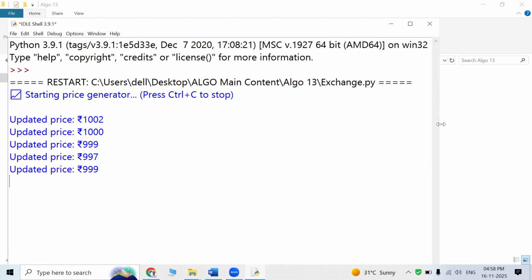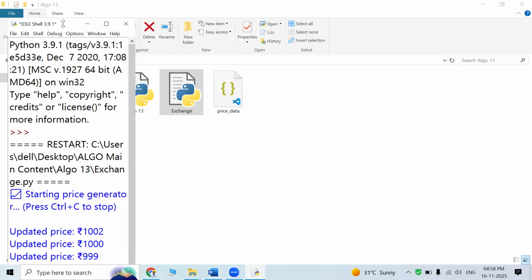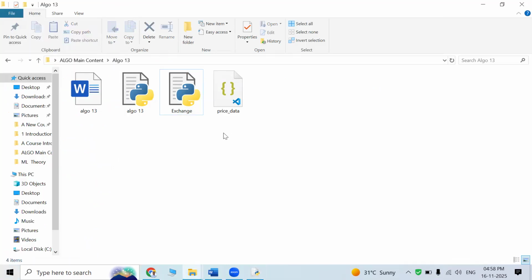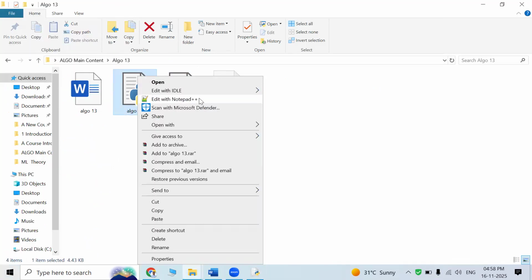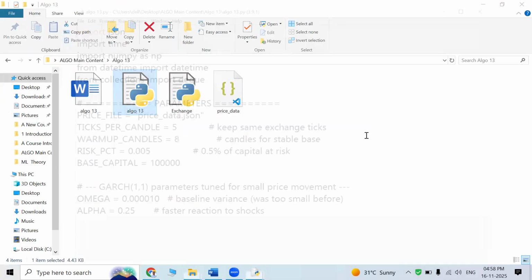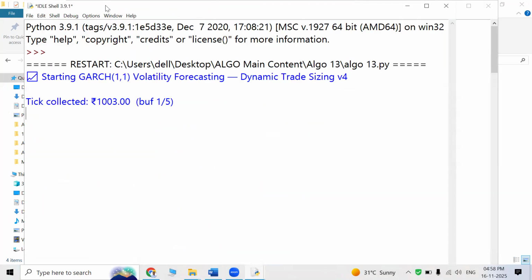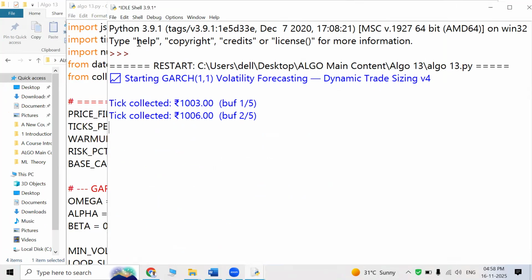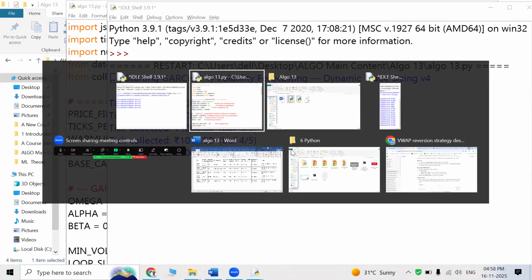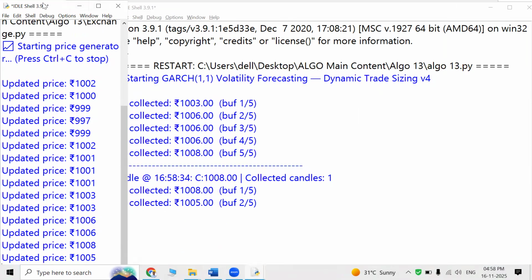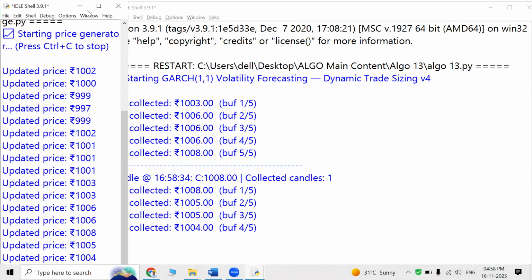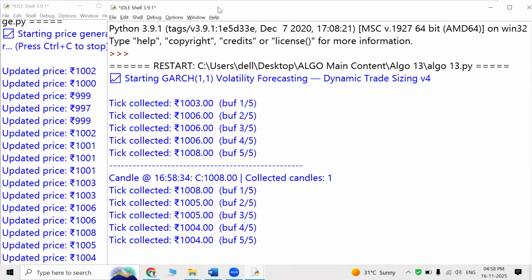And next, the mathematics which I explained is written in ALGO number 13. This is a file, and I'm taking the readings from the market. It is in buffer mode currently. Buffer mode means it's collecting the price. Okay, we have the market over here and we have the ALGO over here.